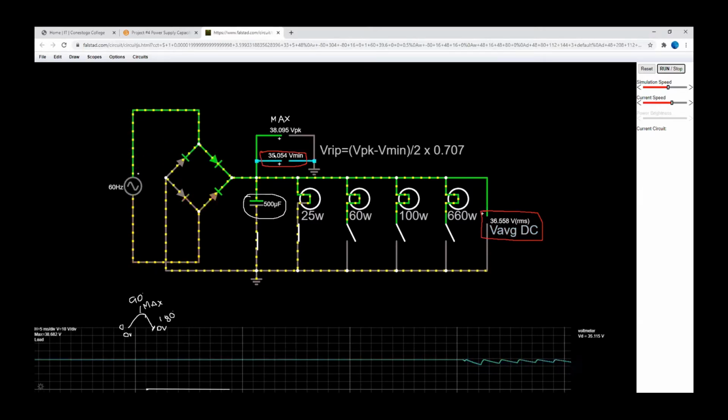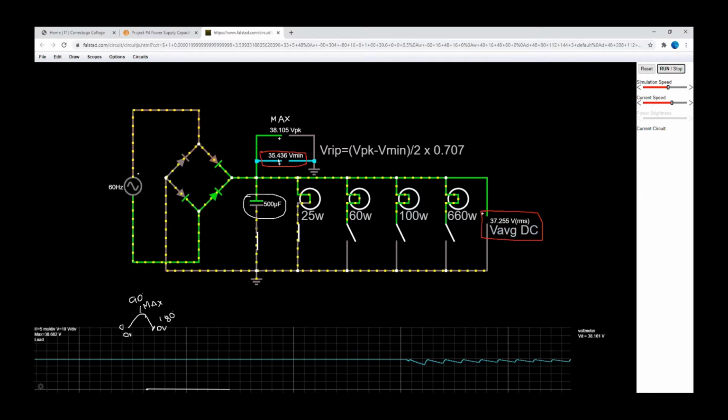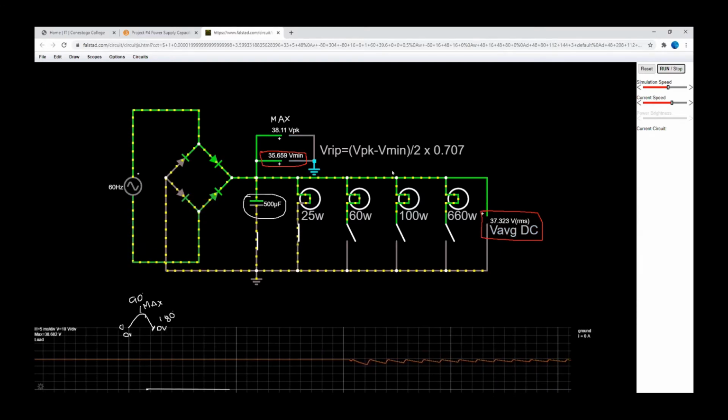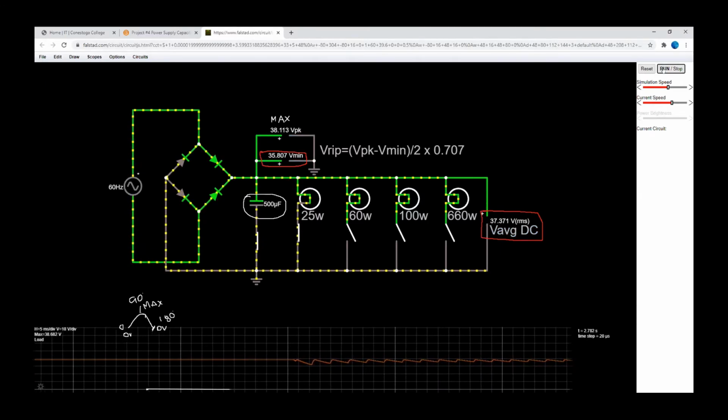And now we actually get a minimum voltage, which is different than the maximum voltage. You may wonder, why is that happening? The reason is that from the 0 voltage line, we had this perfect flat DC when we didn't have any load. Now we have this capacitor discharging through that load.